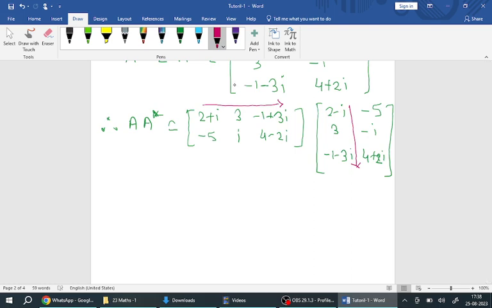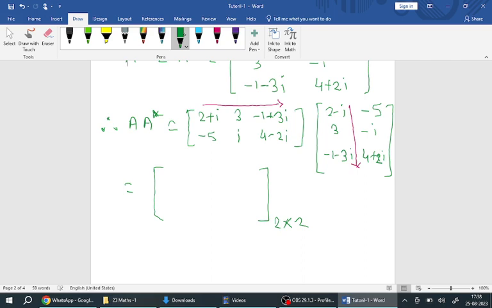You will observe 2 plus i into 2 minus i is of the form A plus B into A minus B, so A square minus B square form. No need to write a term by term calculation. You can do the rough work and directly fill in those values. Now what is the order of the matrix? You will observe this is 2 by 3 and that is 3 by 2, so the resultant will be a 2 by 2 matrix.